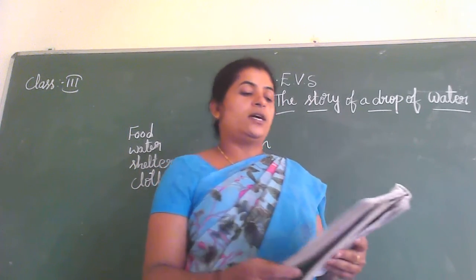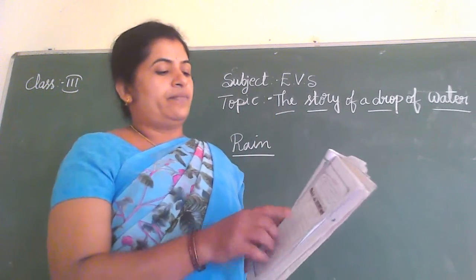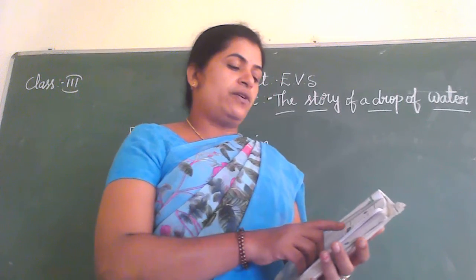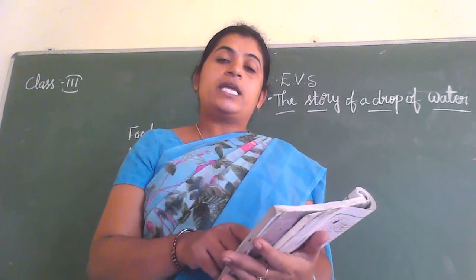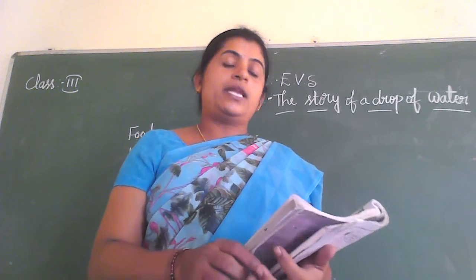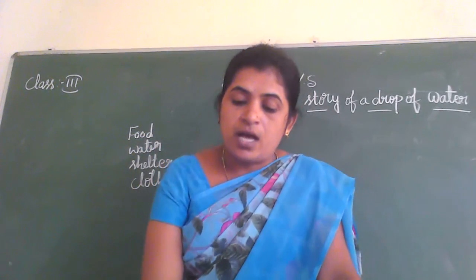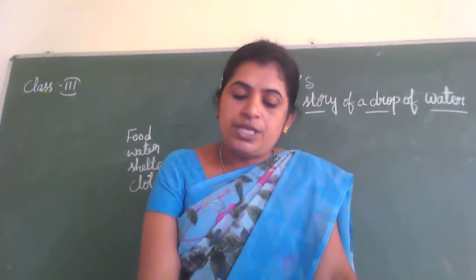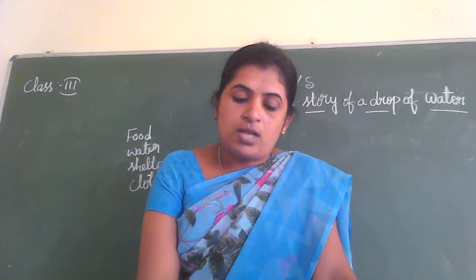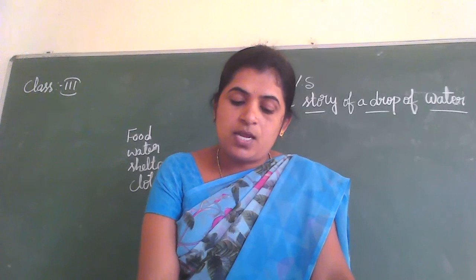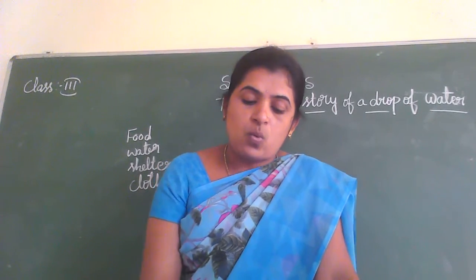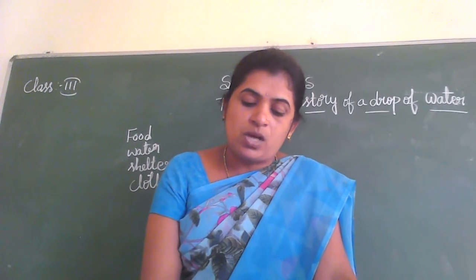Uses of water. Drinking. Yes. River, pond, well, hand pump, stream, sea. Yes, you can use drinking water from which sources. And washing clothes, washing dishes, bathing, cooking, gardening, washing domestic animals, washing vehicles.